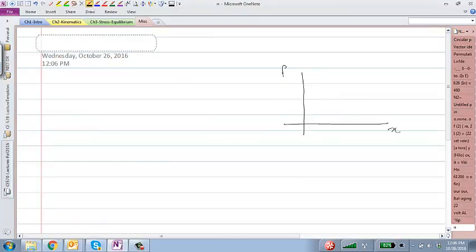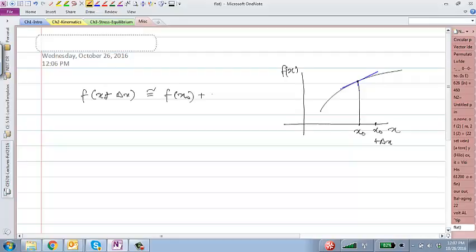If I have some function of x that looks like this, then there is a slope at that point, right? And let's say the point that I'm looking at is x0, and I want to find its value at x0 plus delta x. So the function value at x0 plus delta x can be approximated as f of x0 plus df dx at x0 times delta x, right?